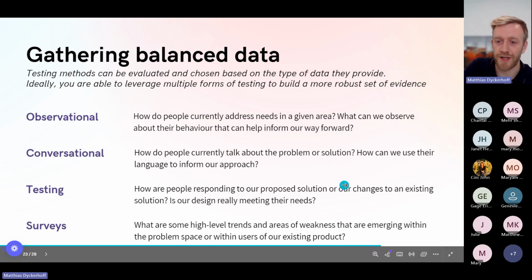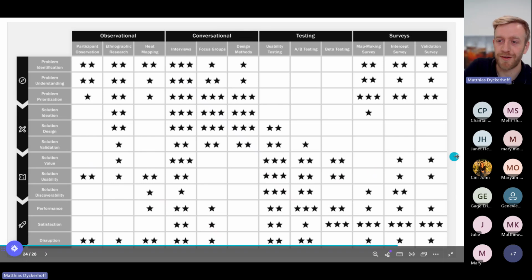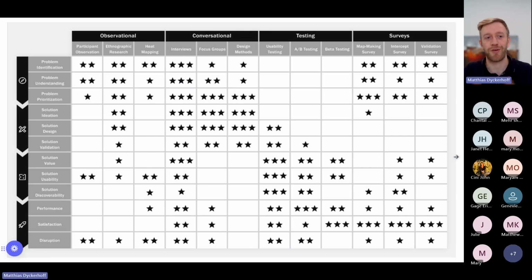And this is another matrix that I like. It might be overwhelming, but this is another one that I turn to. So on the left, you can see the four stages of the business stage: problem, solution, distribution, and optimization. And then at the top, you have these four research methods: observational, conversational, testing, surveys.